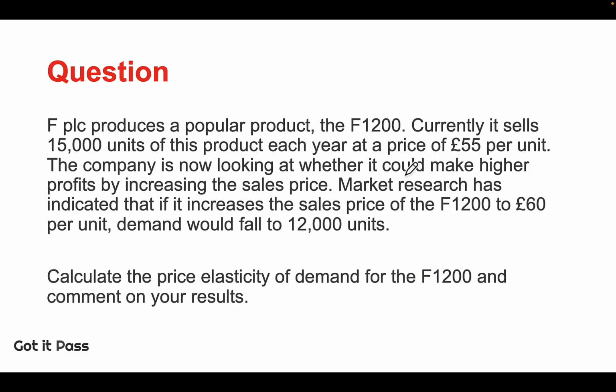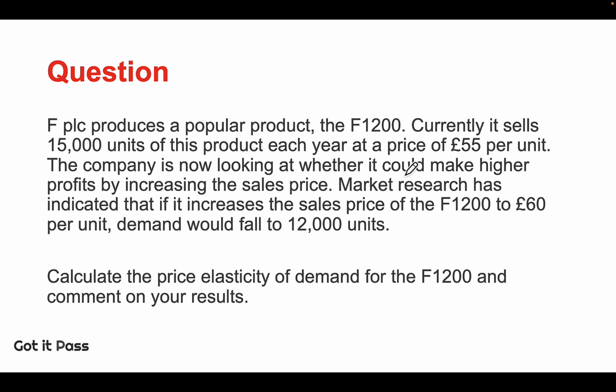And now comes question time. In this class, I would like to share with you two questions for you to think about on elasticity. The first question is about FPLC. It produces a popular product, the F1200, and currently sells about 15,000 units of this product each year at a price of £55 per unit.